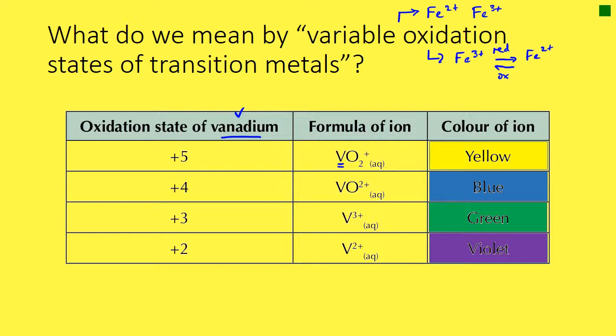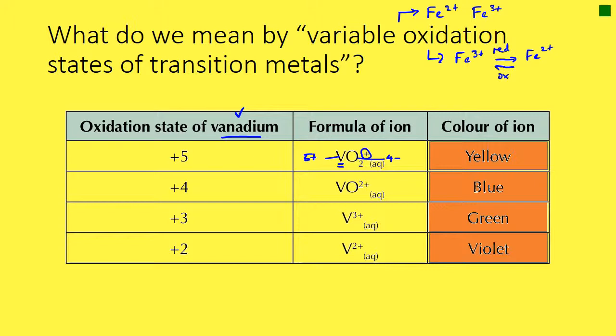We want to just work out to check that. We know that oxygen always has two minuses, and so for the two oxygens there's four minuses there. So there must be 5 pluses on the vanadium because there's a net positive for the ion as a whole.